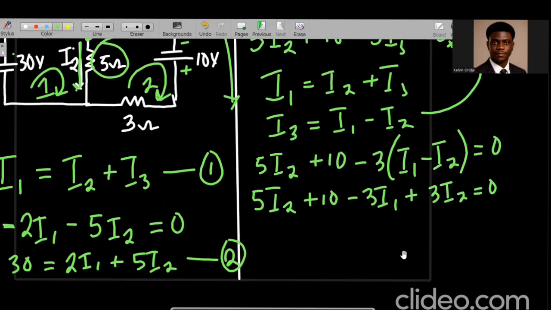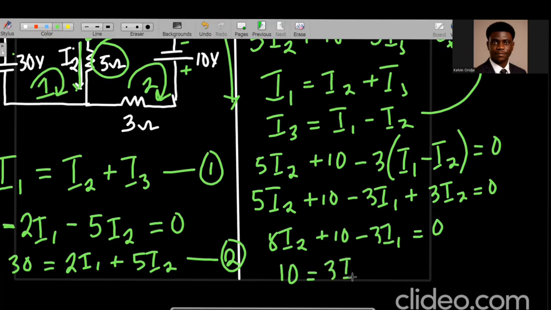And when we add up, we're going to have 8I2 plus 10 minus 3I1 is equal to 0. Or we can say 10 is equal to 3I1 minus 8I2. We can call this equation 3.